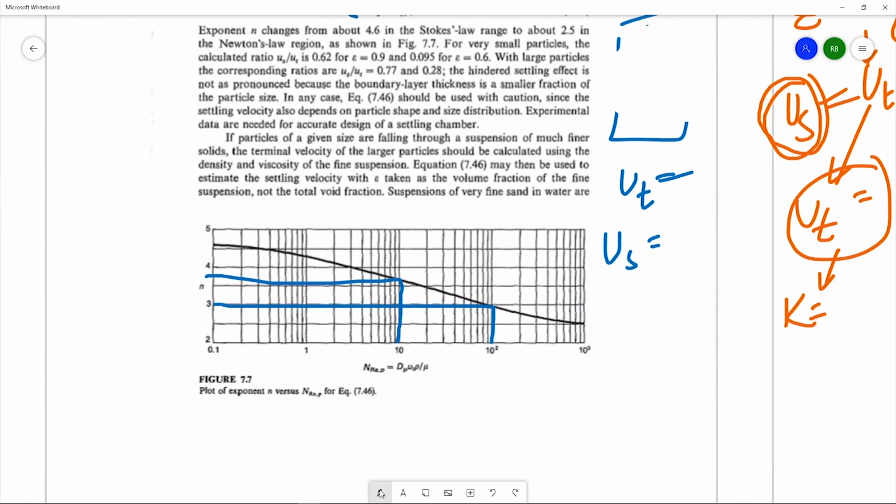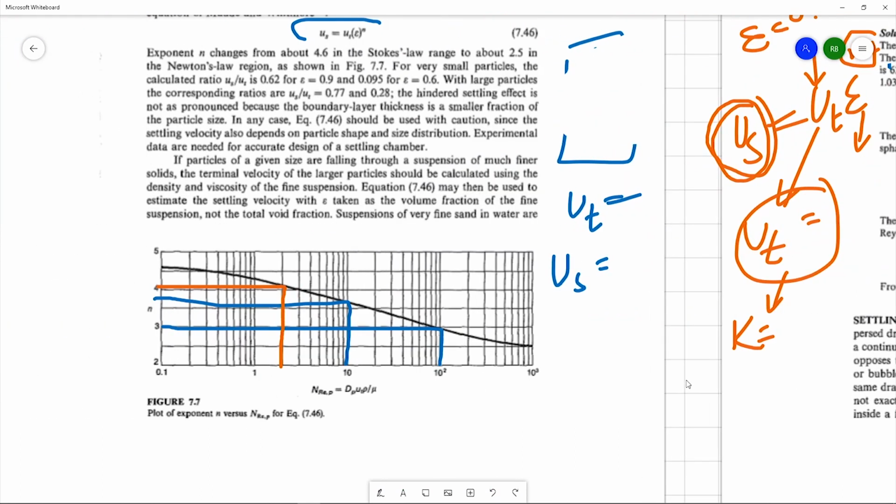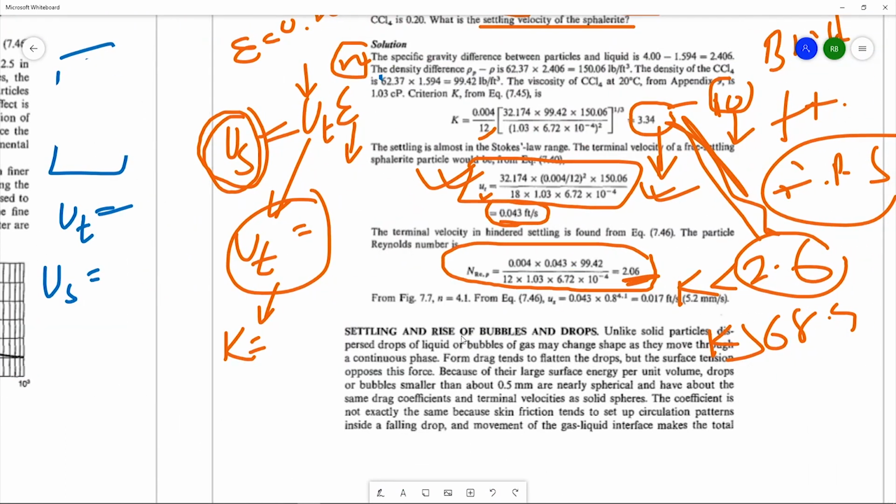You can assume 2. So this is 2, right? What is the value at 2? It's around 4.1, so the n is found to be 4.1 from the graph.